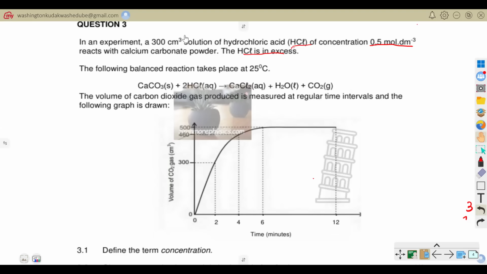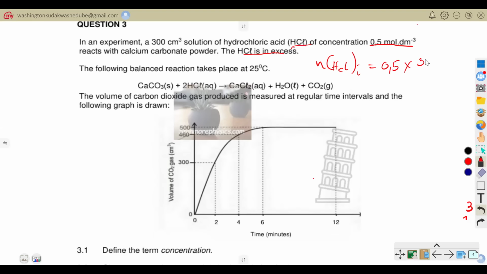So what we need to do is to find the number of moles of this HCl initially, the ones that we have initially. So this is going to be equal to 0.5 times this volume.